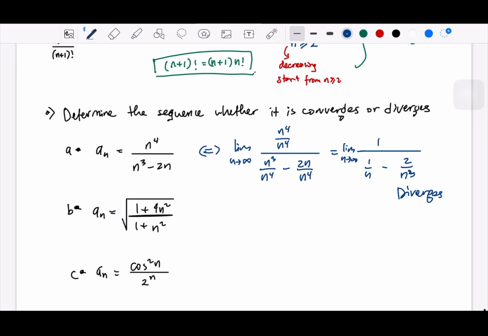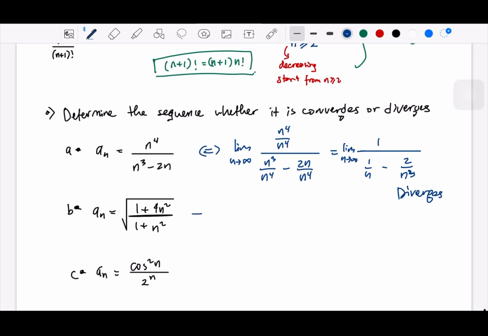But sometimes, if you want to write converge, you need to determine the value also. Unless the question is asking converge or diverge, it's still okay. Sometimes you don't really need to calculate what numbers it converges to, you just write converge or diverge.